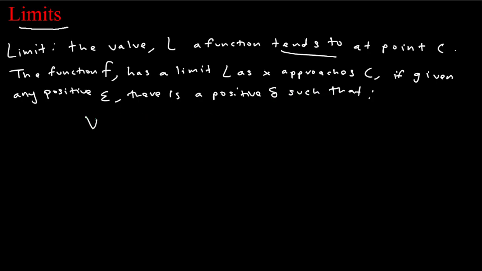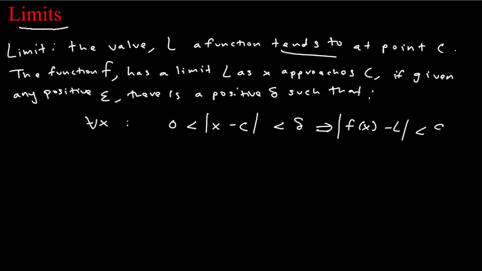So this is just for all x, 0 is less than absolute value of x minus c, which is less than delta, implies that absolute value of f of x minus L is less than epsilon.